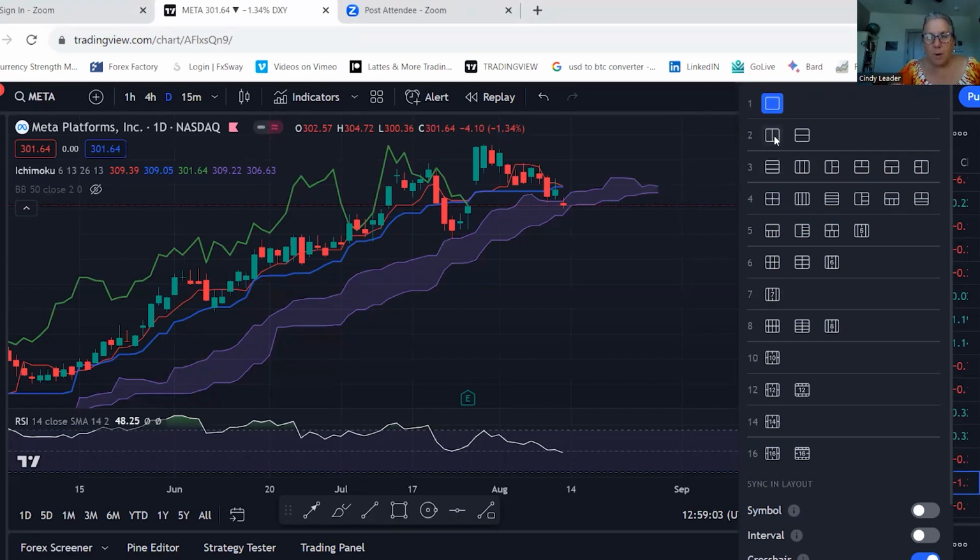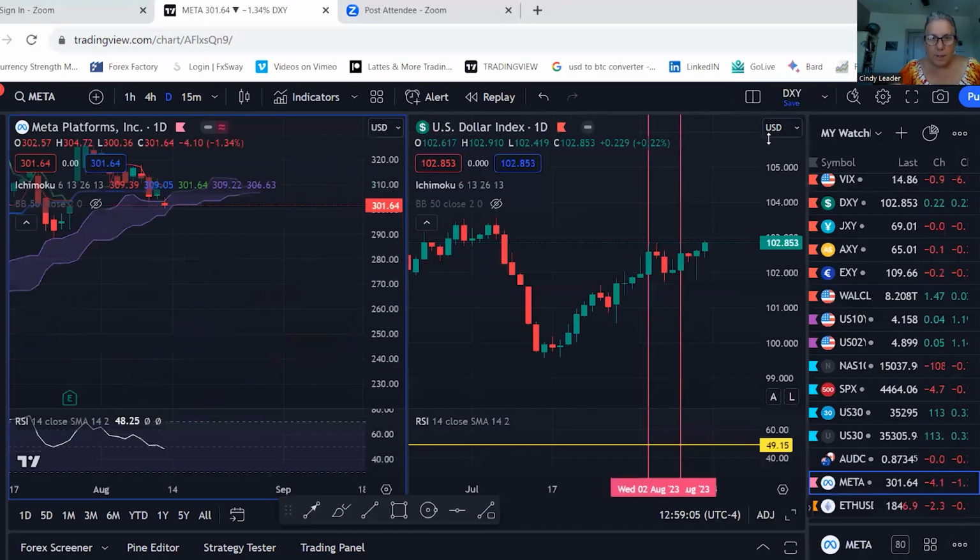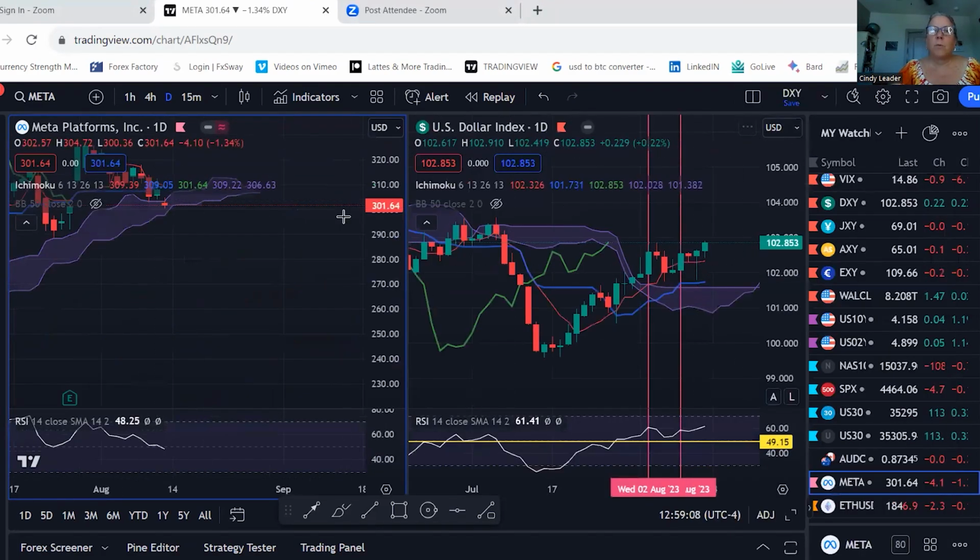But if you do have Pro, here's one of the benefits. I particularly like this side by side. Ignore what I just had up, Meta, just for yuck. I was talking about stocks the other day. It brings up any two side by side, and you can see this square is highlighted.